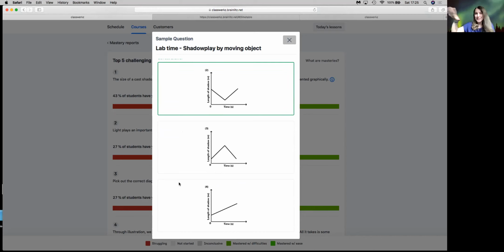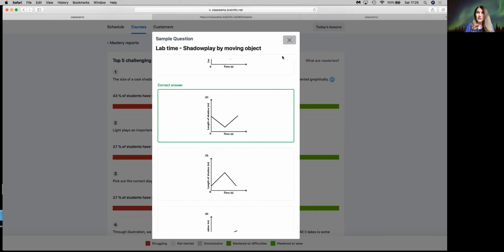You've got an experiment, and then how do you transfer that experiment into a graph? How do you transfer that experiment into a flow chart? How do you transfer a photograph or an understanding of your body into a flow chart? These kinds of things seem to be quite challenging for these particular students.